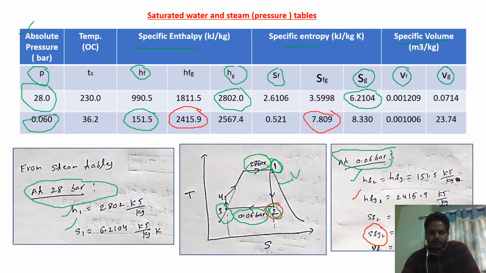One more thing: the sf2 value is 0.521, and the vf value is 0.001006. With this data we can find the work done, the efficiency of the cycle, and also the heat addition and heat rejection through the cycle.